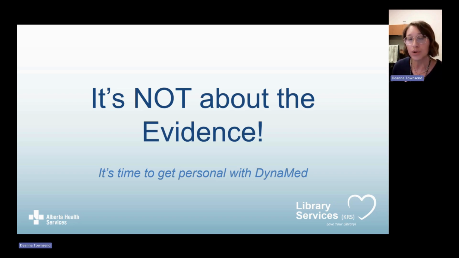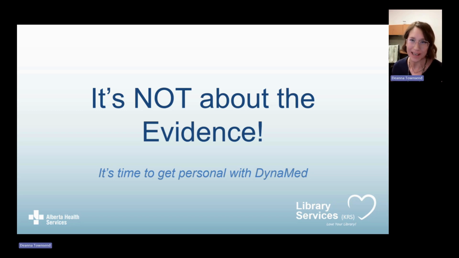So the concerns that were brought up by participants in the comparative research around confidence in the evidence behind the answer, less time to answer a clinical question, and ease of use really lie within a familiarity of the tool as opposed to the methodology behind the information. And so it's more about getting personal with the interface as opposed to any kind of evidence around the information.